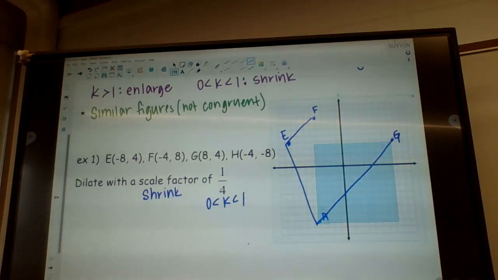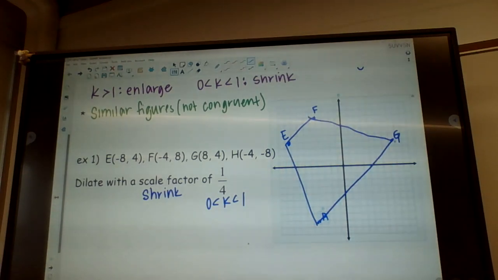This four-sided shape, which my coordinate points sometimes get a little bit off on these. Thank goodness it's not getting bigger, because if it was getting bigger, it'd be way off our graph. It'd be really hard to see.